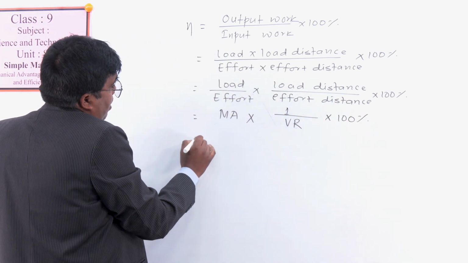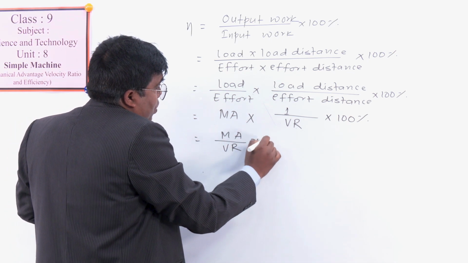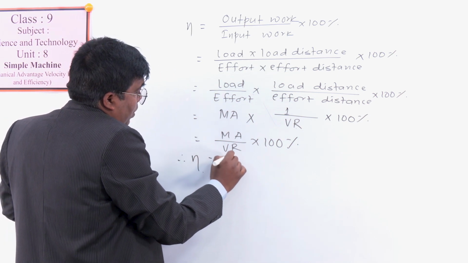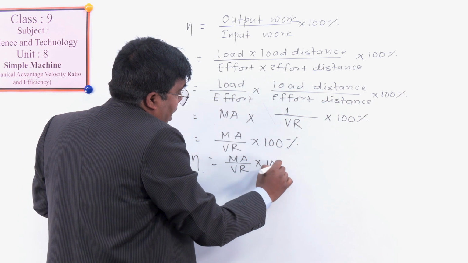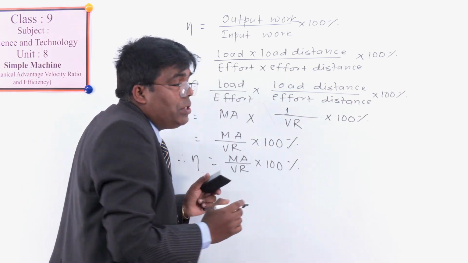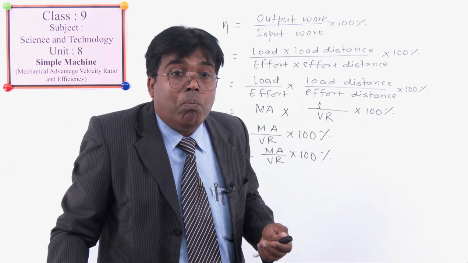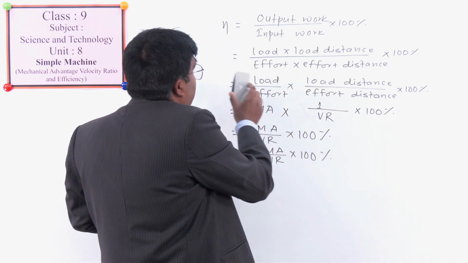So MA by VR into 100%. That's why efficiency equals MA by VR into 100%, and this formula is widely used while doing numerical problems. I think you all are clear about it.